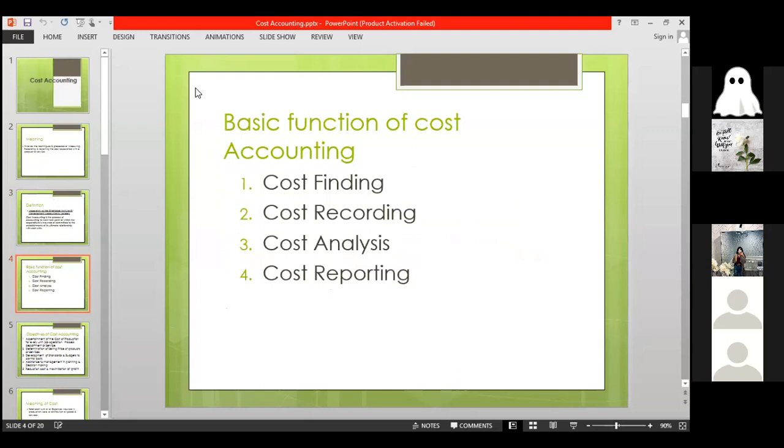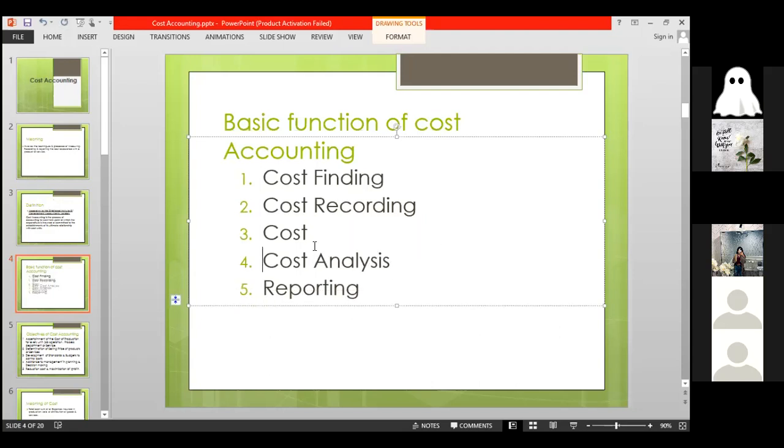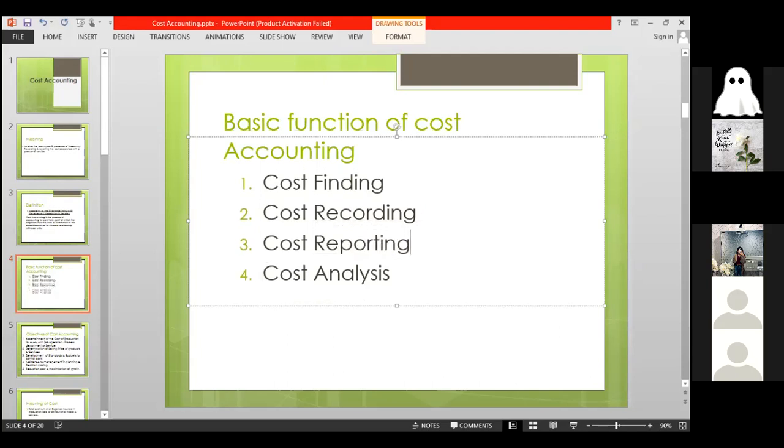Actually, analysis comes later on and reporting comes first, so we can write it that way. Just like financial accounting: finding, recording, reporting, and analyzing. Reporting in this case, as we discussed yesterday, is only to the internal management.